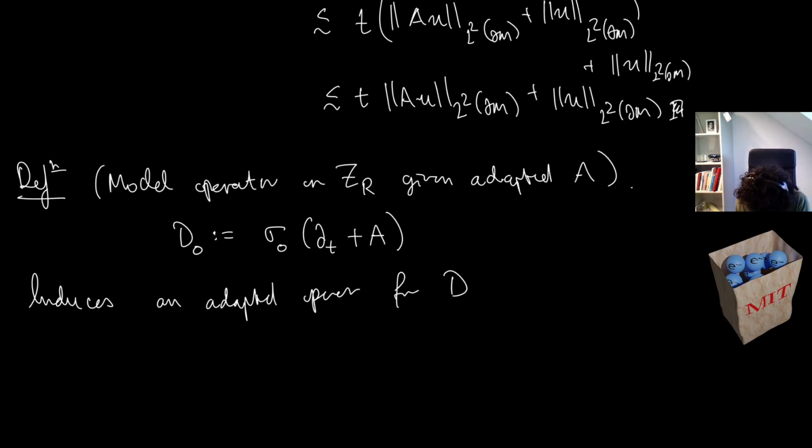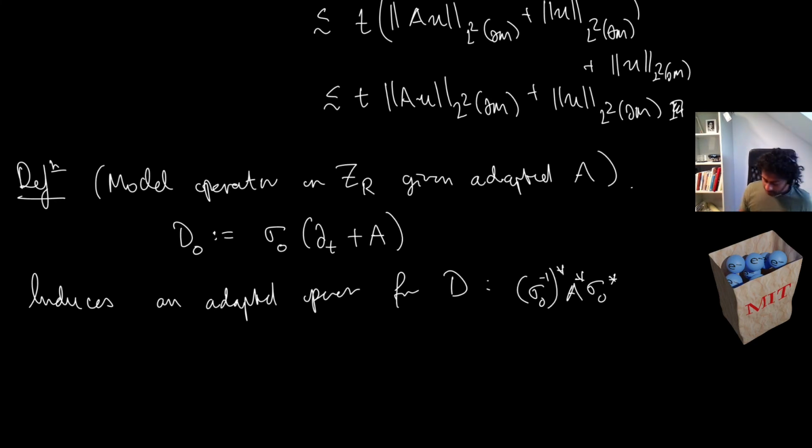Which is the operator, let's say, so how would it look? If I take the adjoint of this, things flip around. So this is going to be sigma naught A star sigma naught inverse, right? That's what it's going to look like.